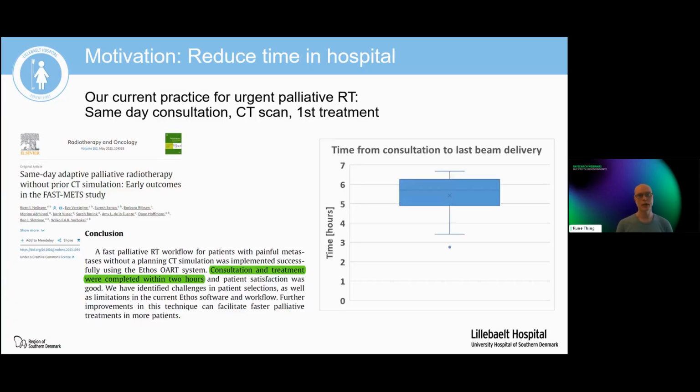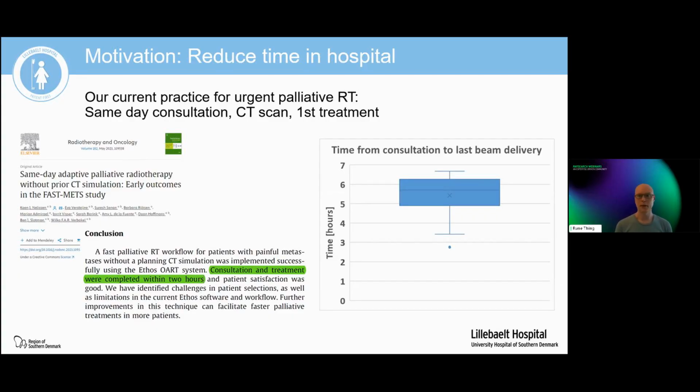When we looked at the time our patients had to spend in the hospital, on average that was between 5 and 6 hours, and sometimes these working days were quite stressful because we needed to get everything done before the end of the day. And given that these patients are probably in the last phase of their lives, it made sense for us to figure out if we could shorten the time they had to spend in the hospital.